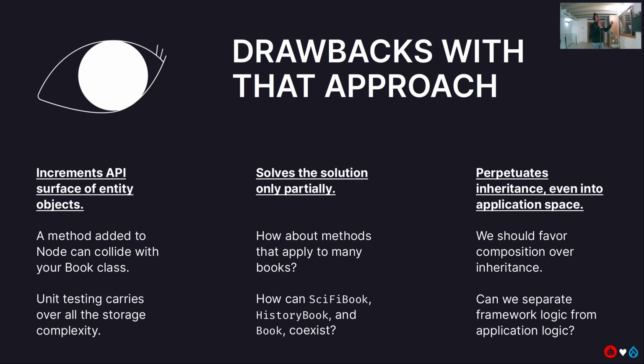And finally, it makes the framework logic that we saw in that slide with black and red backgrounds bleed into the application logic. And that is breaking the separation of concerns. And it's a problem because now you're carrying around all this complexity that comes from the framework that should be tested there and should be left alone.